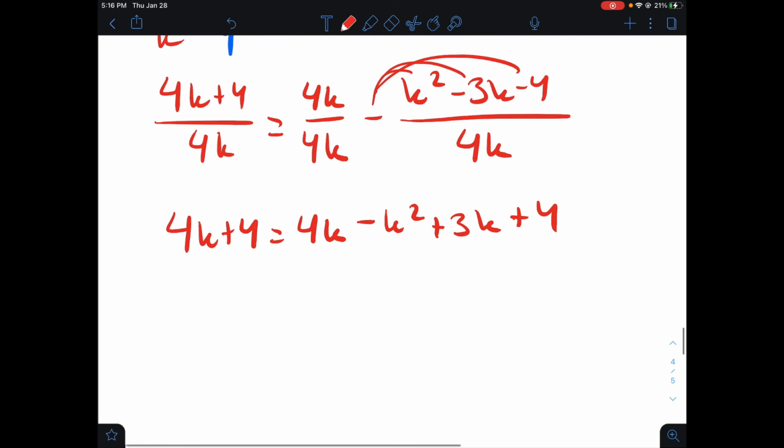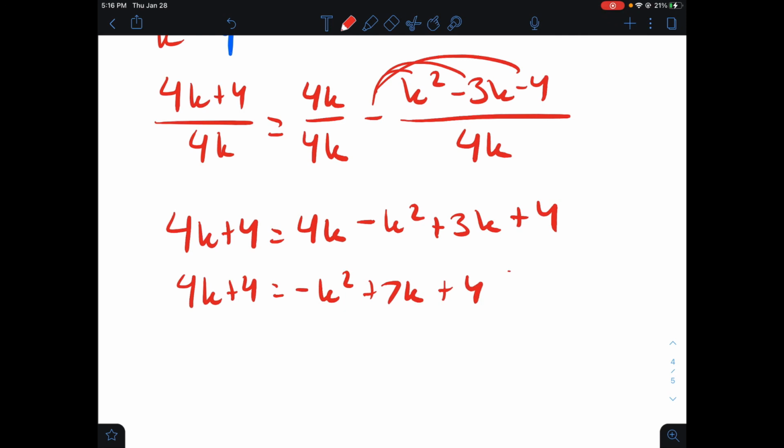All right, so now let's start combining some like terms here. We'll combine like terms all on this side, so we end up with negative k squared plus 7k plus 4. And this is going to be a quadratic, so you're going to want to bring all these terms over here.